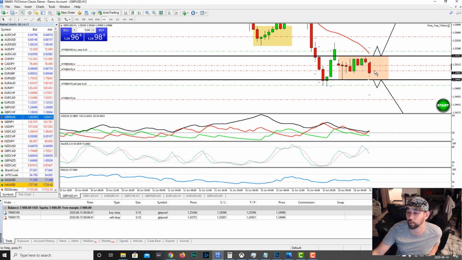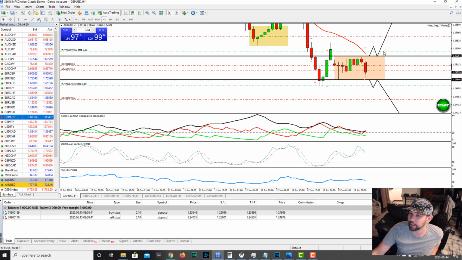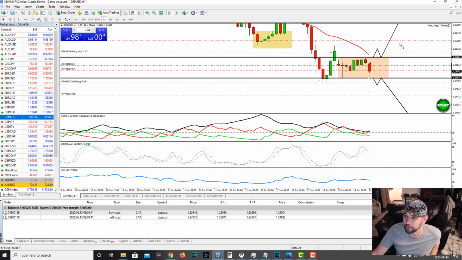Now, why is this so important? Well, instantly, if this is deactivated, you lose the chance of hitting 2 stop losses in the middle of the night. That's a huge feature.